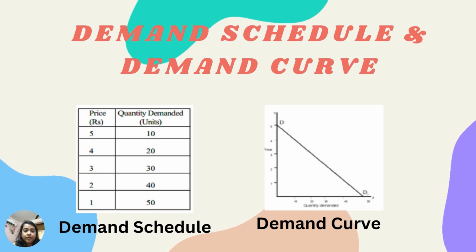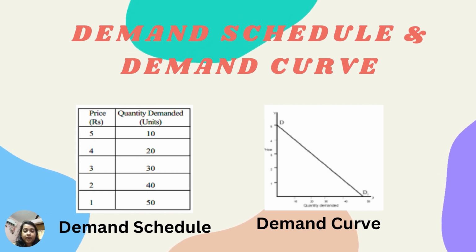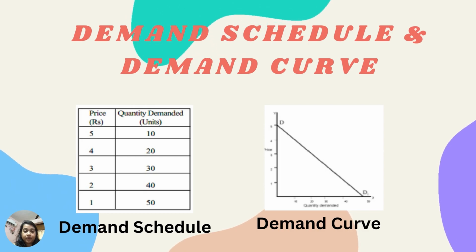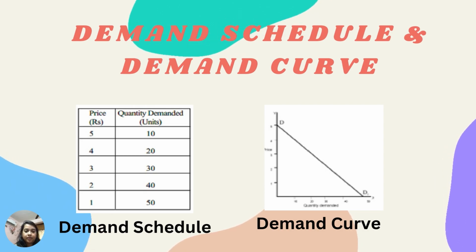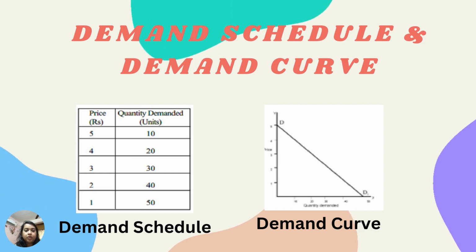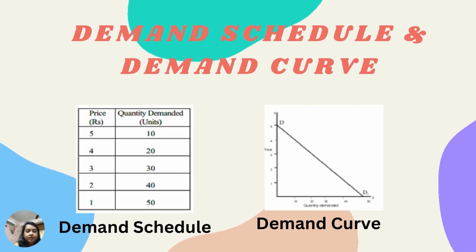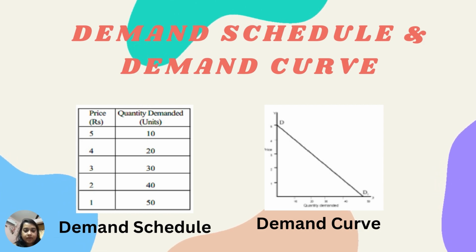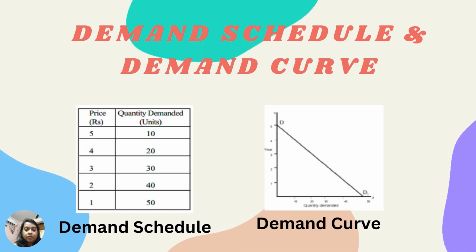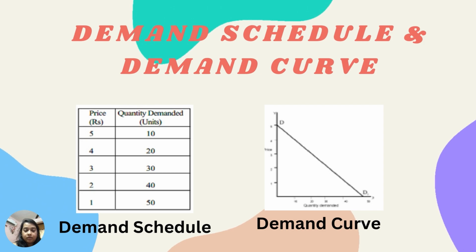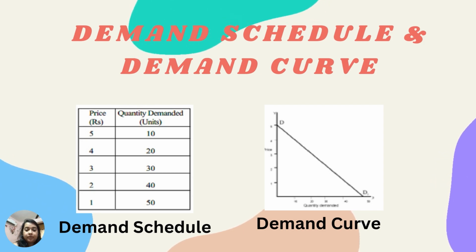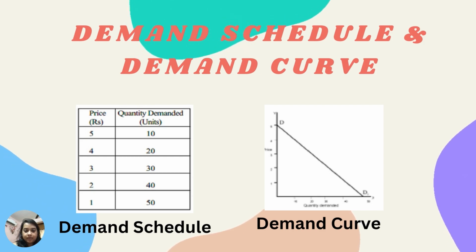So now we will be studying the demand schedule and the demand curve. The demand schedule is basically the tabular representation of price and quantity demanded, and whatever we plot from the table, we get the demand curve.